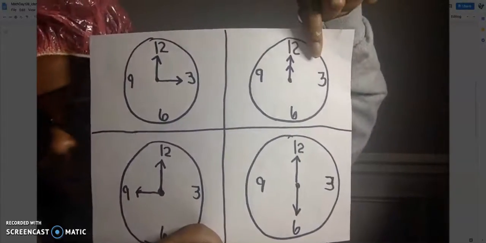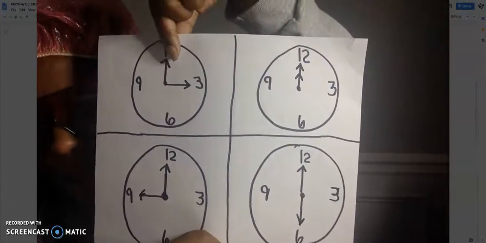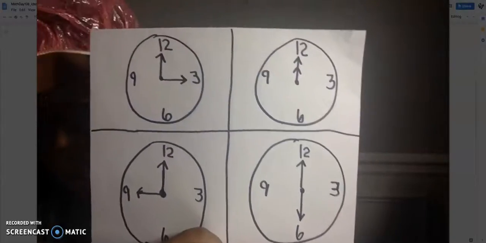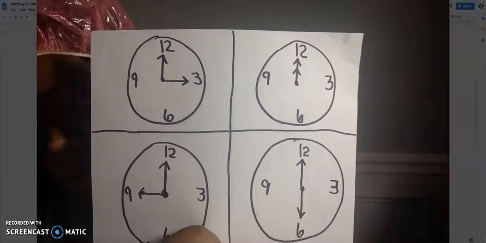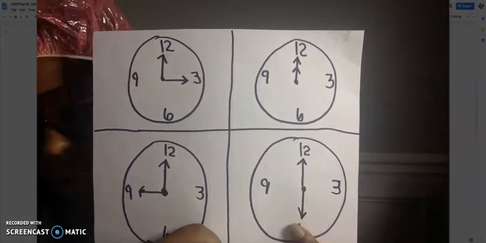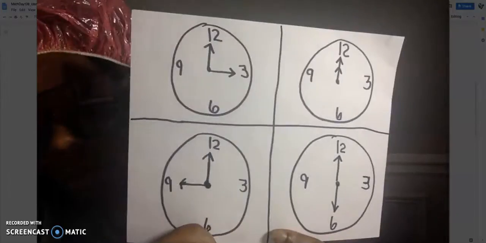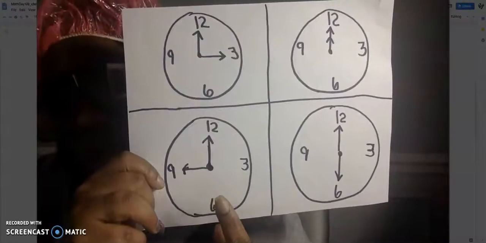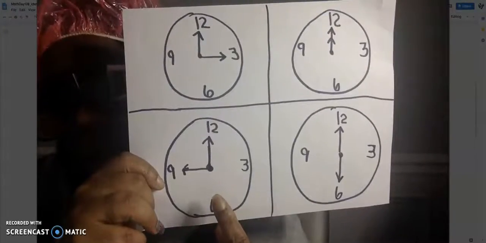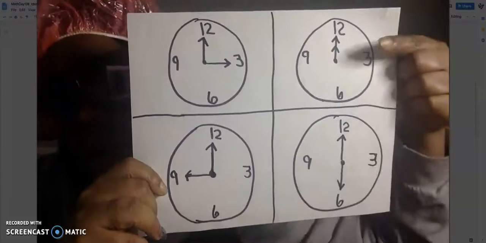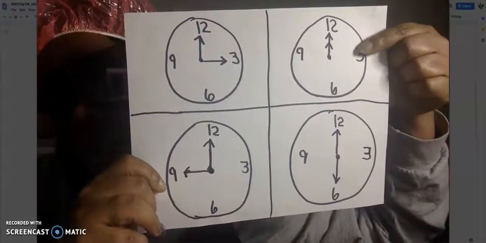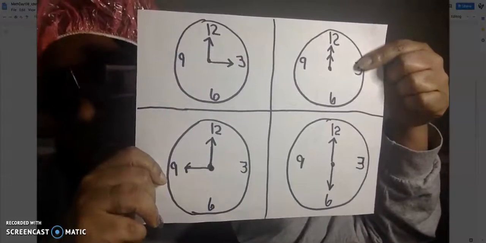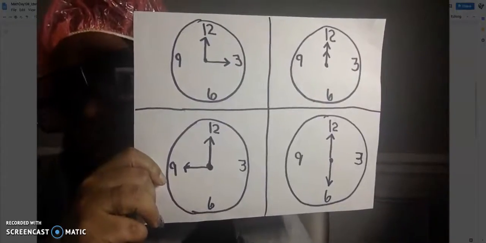So we have 0 degrees, 90 degrees, and from there we move on to 180 degrees, and then we move on to 270 degrees, and last it goes right back around to the 12, which makes the last turn equal 360 degrees.